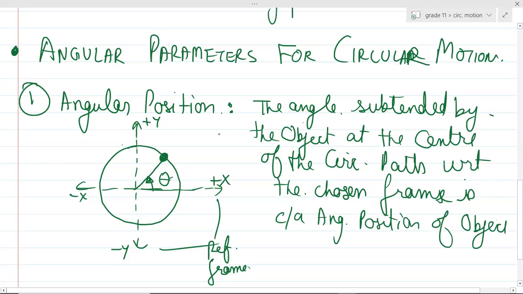So is the angular position clear, guys? Is this angle clear?